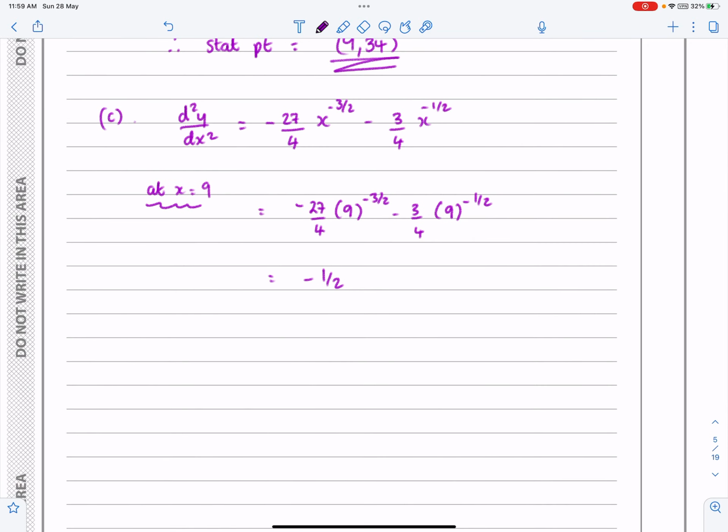Not so bothered about the half, but I am bothered about the minus. Since this is negative, we have a maximum. Okay, hopefully that makes sense for that question.